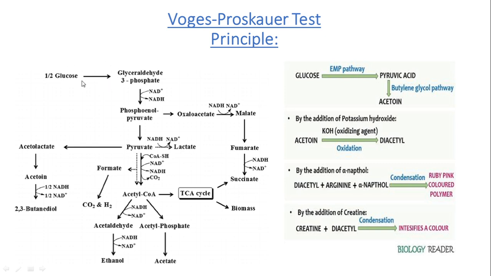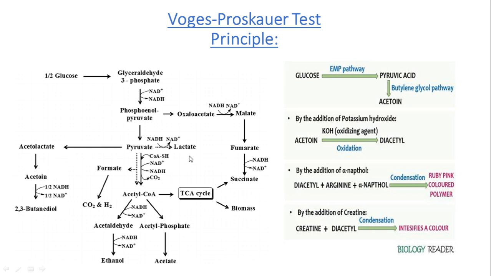Here we can see that glucose is converted into pyruvate through the glycolytic EMP pathway, and then the pyruvic acid is converted into acetolactate, and then decarboxylation of acetolactate results in acetoin.